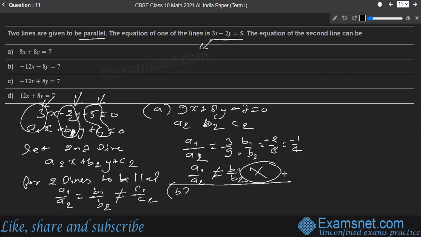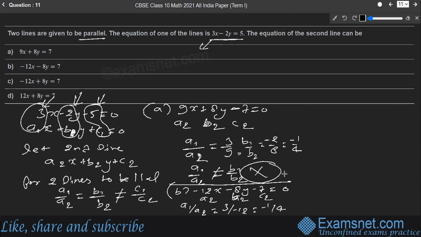Let us have option B. Option B says minus 12x minus 8y minus 7 equal to 0. We can easily identify this as our A2, B2, and C2. A1 by A2 comes out to be 3 by minus 12, that is nothing but minus 1 by 4.